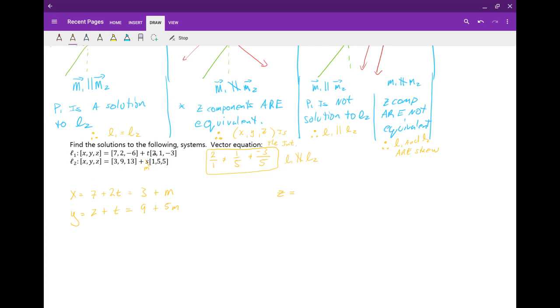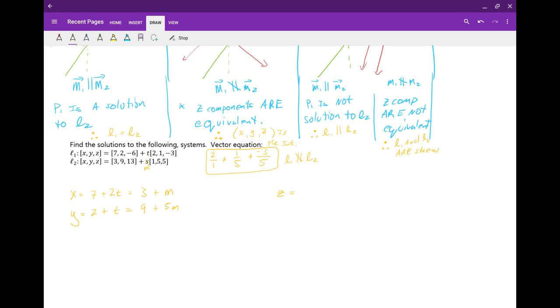Hopefully I've gotten that all done correctly. I've got 1s and 5s. I've got 2s and 1s, 7s and 3s, and 9 and 5. There it is. Okay. And then I'm going to get my z component over here.